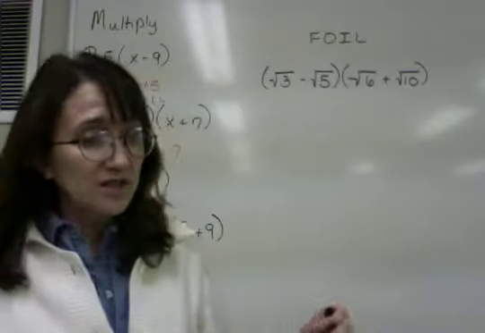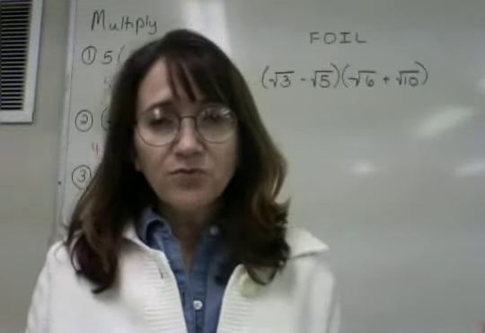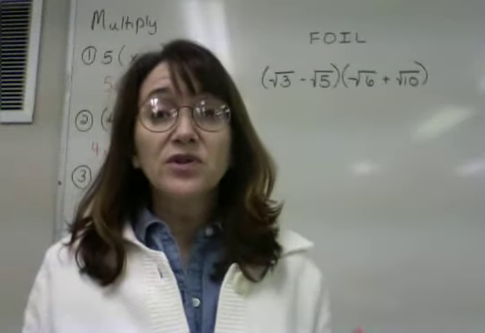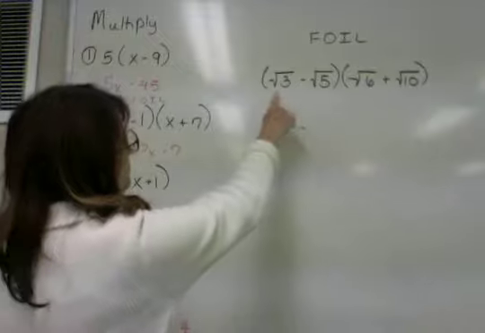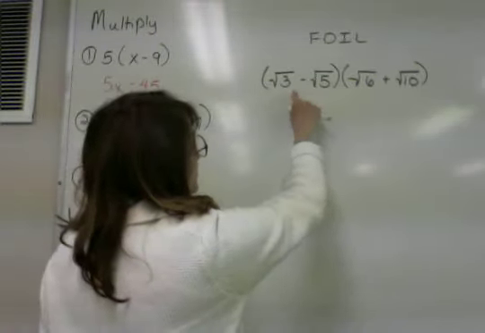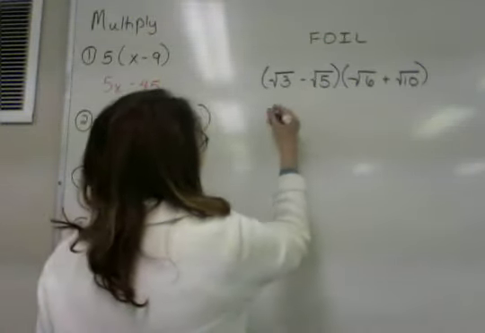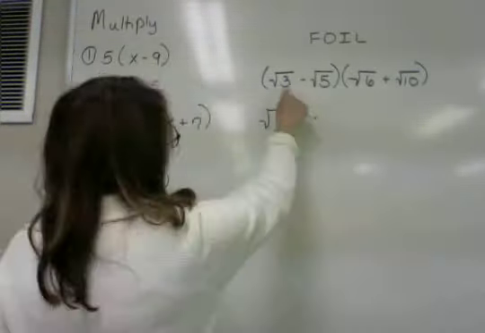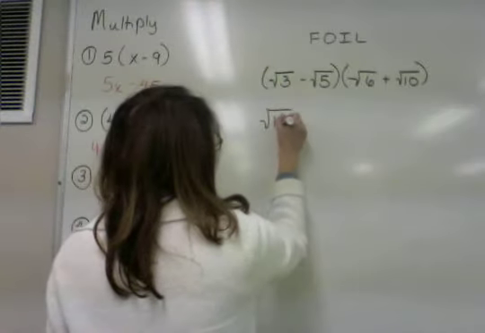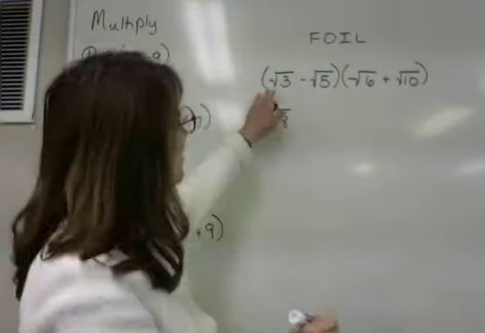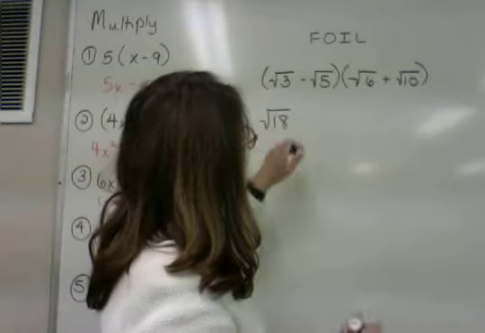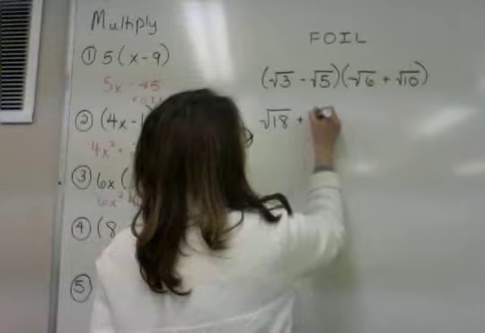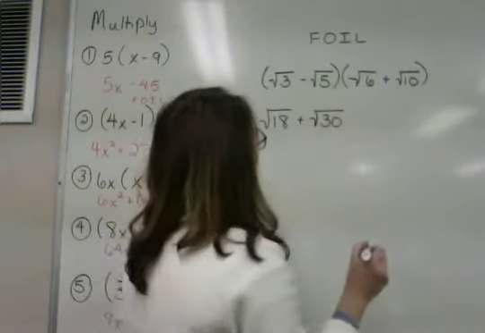And then if we can break stuff down, or if we can add like radicals together, we will at that point. So I'm going to multiply the radical of 3 to the radical of 6, which basically means I'm going to keep that radical sign right there and multiply the 3 to the 6, so it becomes the radical of 18. So that's my first term. My outer term, I'm going to multiply the 3 to the 10, but keep it under a radical sign, so that's the radical of 30.